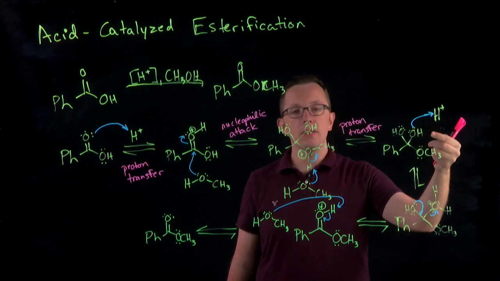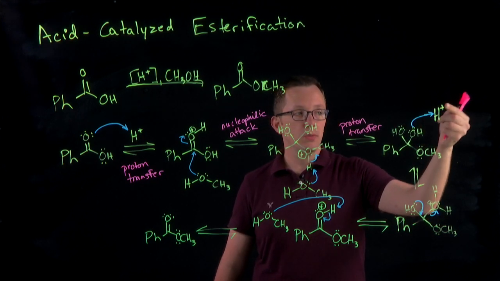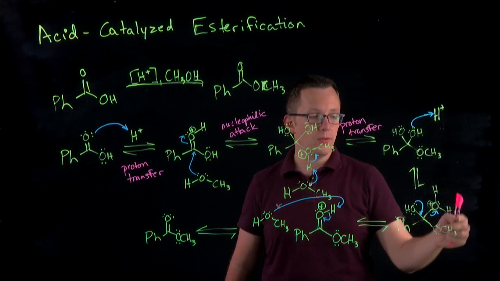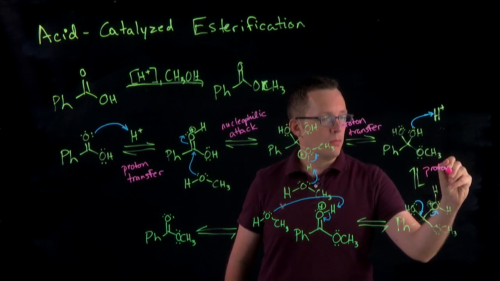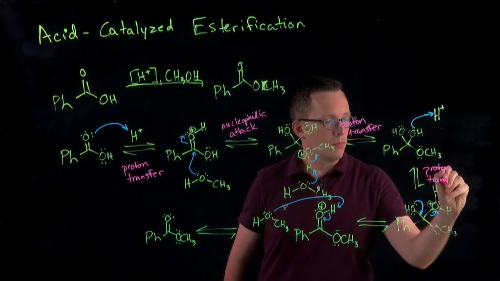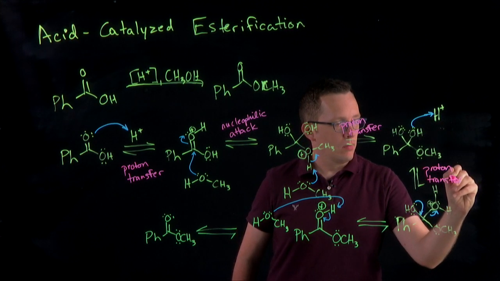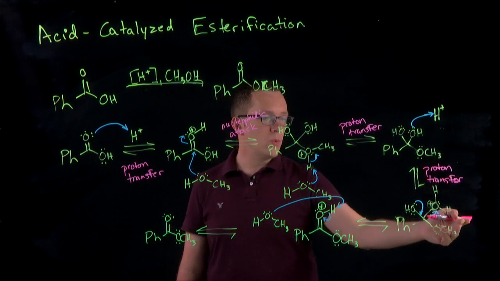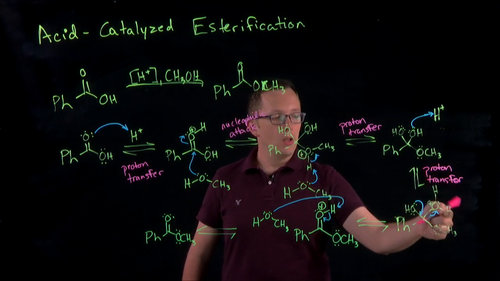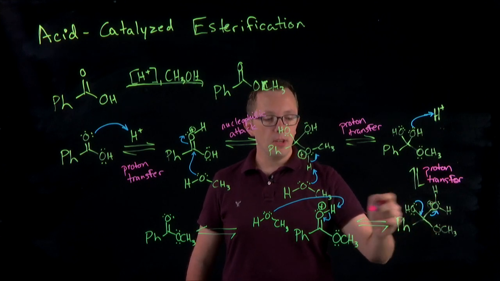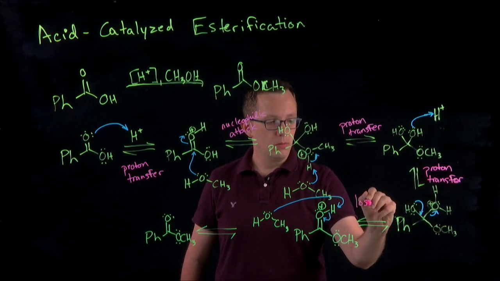We are going to activate one of our hydroxyl groups by protonation, so we're going to do a proton transfer to turn that into a good leaving group. Once we have a good leaving group, we use the other lone pair on oxygen to assist in water leaving. So we'll have loss of a leaving group here.